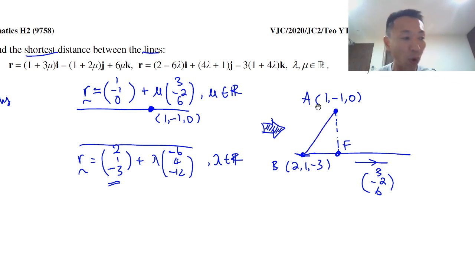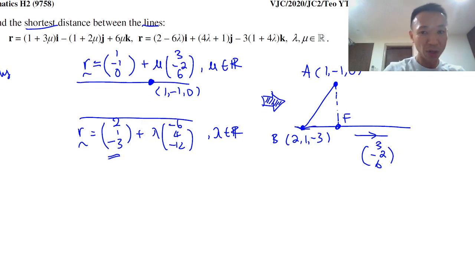I want to use AB cross unit vector of the direction vector. Yes, cross, because the way you remember is this side is the opposite side. When it's opposite side, it is a sine theta, therefore it's cross product. Recall your projection diagram all the time.